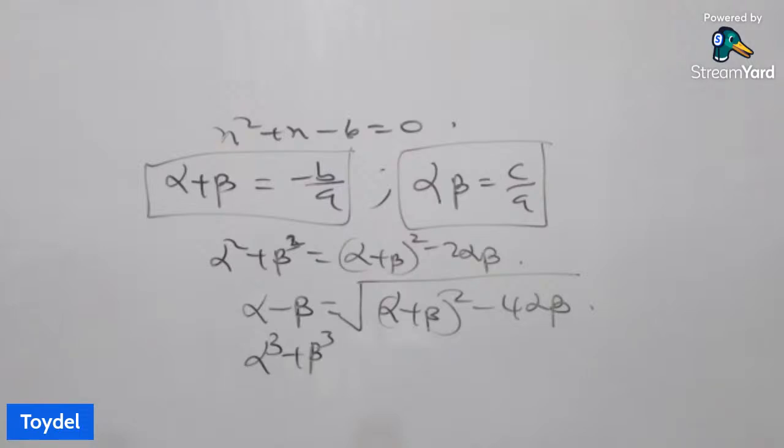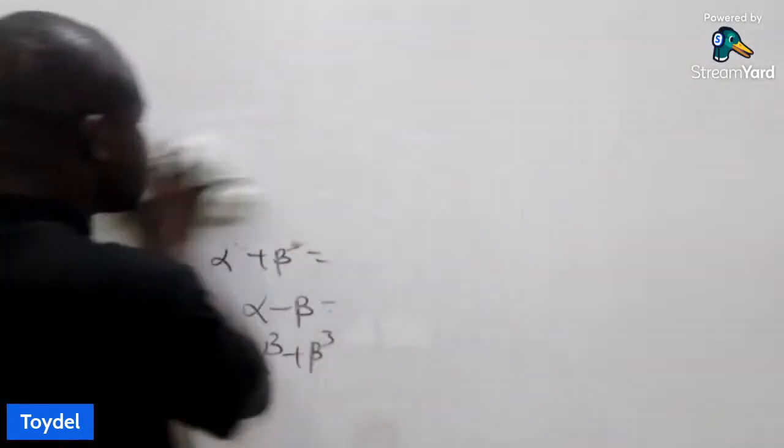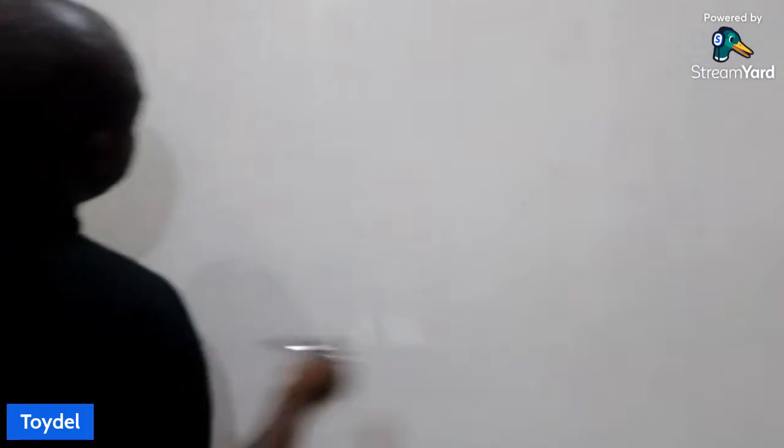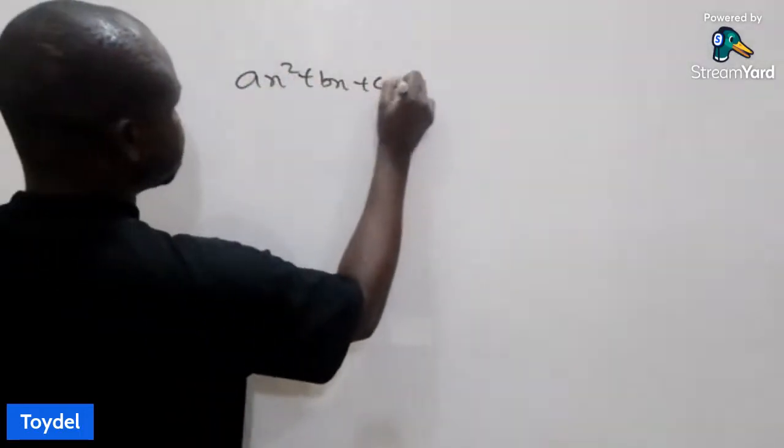And of course, we know the meaning of simultaneous equations. In simultaneous equations, we have two equations, but both equations are linear. Linear in the sense that under quadratic equation, I said the general form is ax squared plus bx plus c equal to 0.